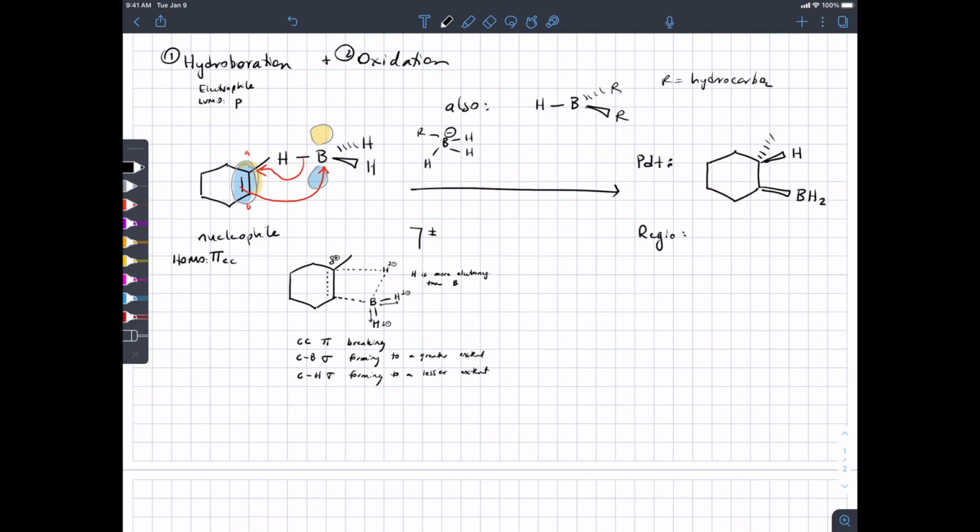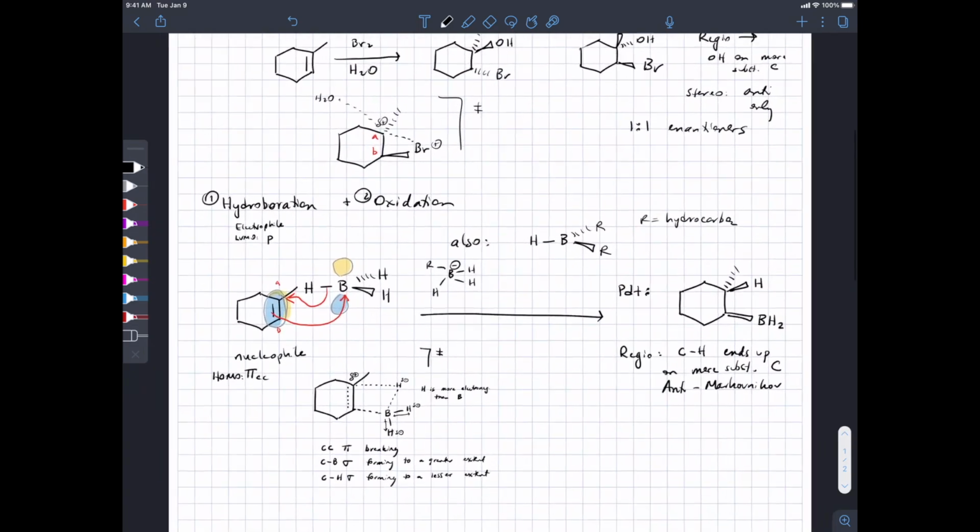So regioselectivity, because the carbon-hydrogen bond ends up on the more substituted carbon, they call this anti-Markovnikov. But that name is deceptive because the reason why it's that way is the same as the reason why the other reactions go the other way.